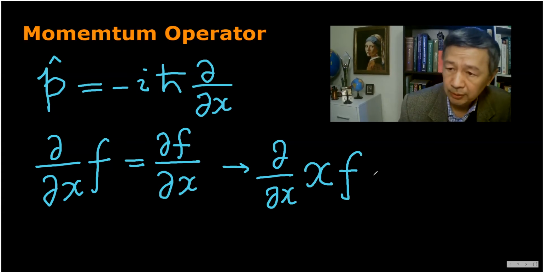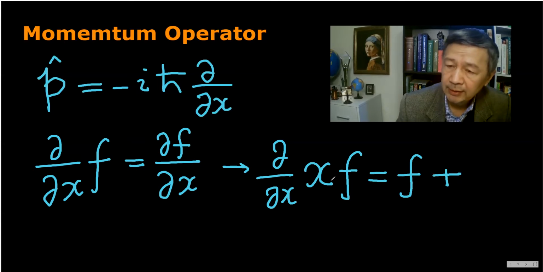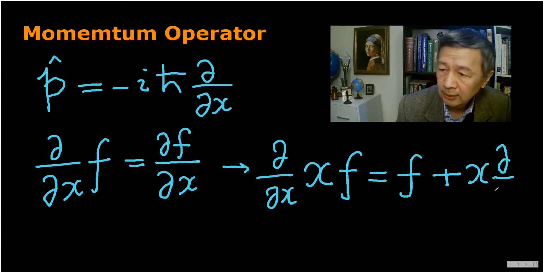According to the product rule, first we take the derivative with respect to x of x, which simply gives f. The second term is plus x times ∂f/∂x.